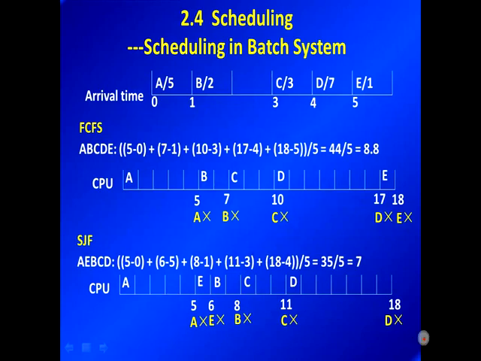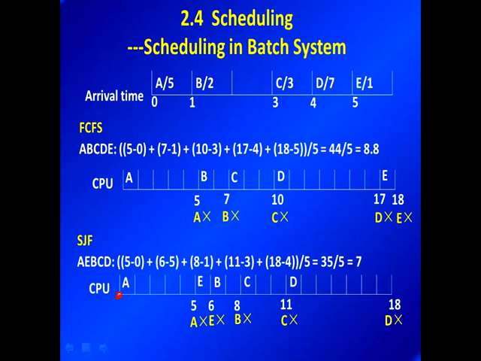Here, if we use shortest remaining time next, at the very beginning, at time 0, at this point there is only one job in the system, right? So we don't have other options.